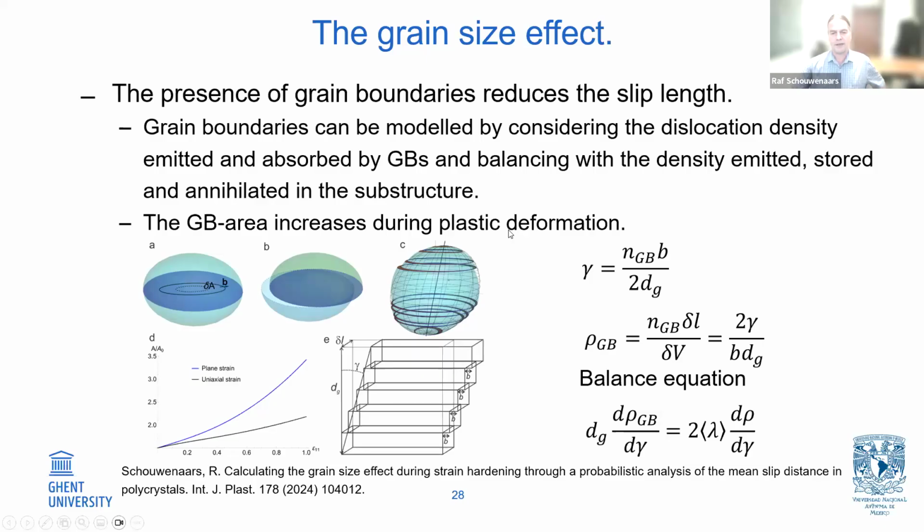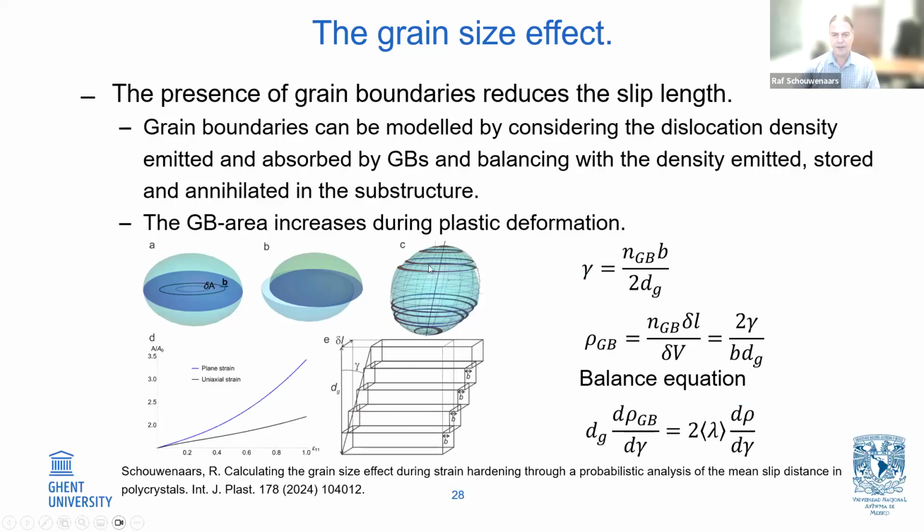Now let's go to the grain size effect. So as we saw, everything that reduces the slip length must be taken into account in a statistical way. And the secret here is to take into account that during deformation, the grain area increases. This can be seen, oversimplified here, in terms of the slip length, the loop reaching the edge of the volume, or by a spherical grain with different dislocation loops which escaped from the grain.